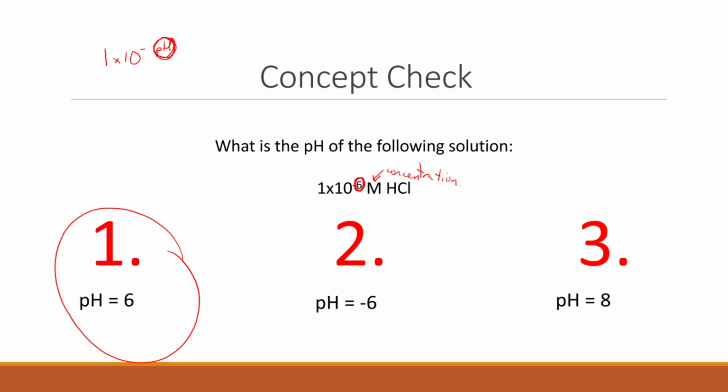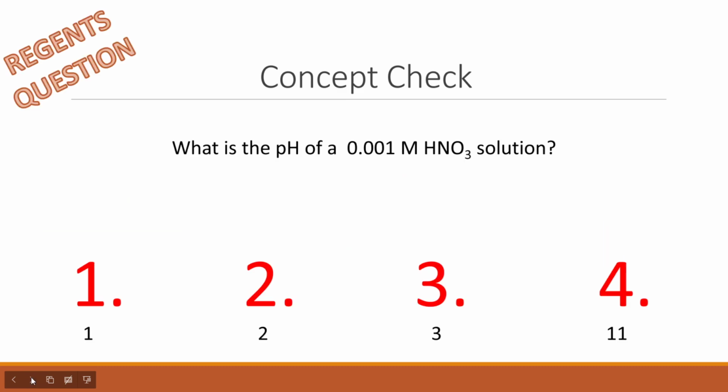So our molarity should be given to us. They're going to give you concentration, they're going to give you molarity, and it's your job to then change it into scientific notation.